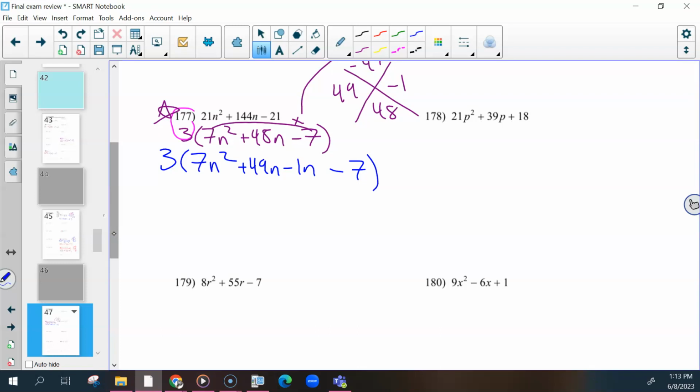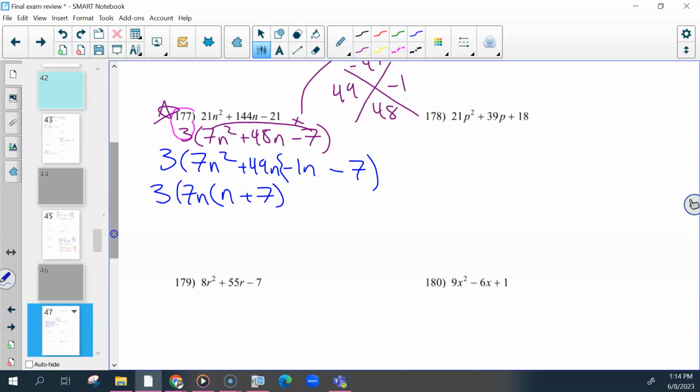Then it becomes grouping because we have 4 terms. Split it down the middle. Keep bringing down that original GCF. Find the GCF of the first two. 7 and n, they both have n, both of those things. Which will leave us with n plus 7.